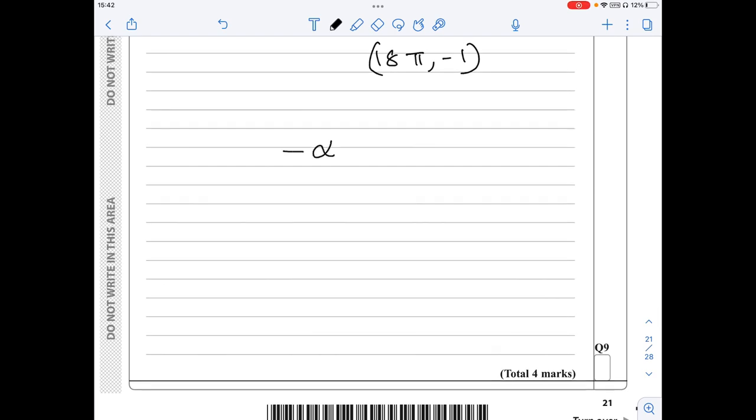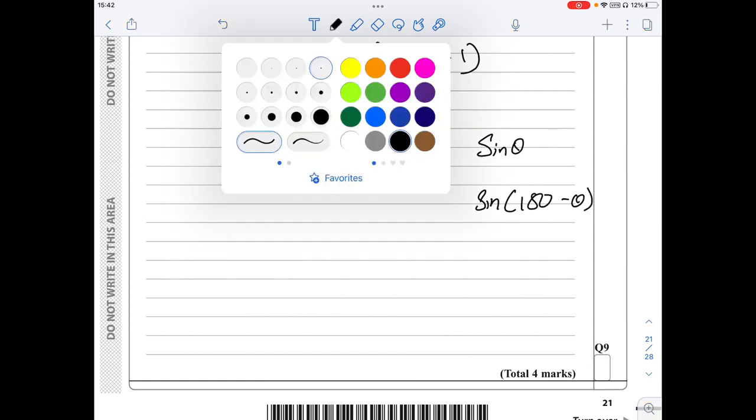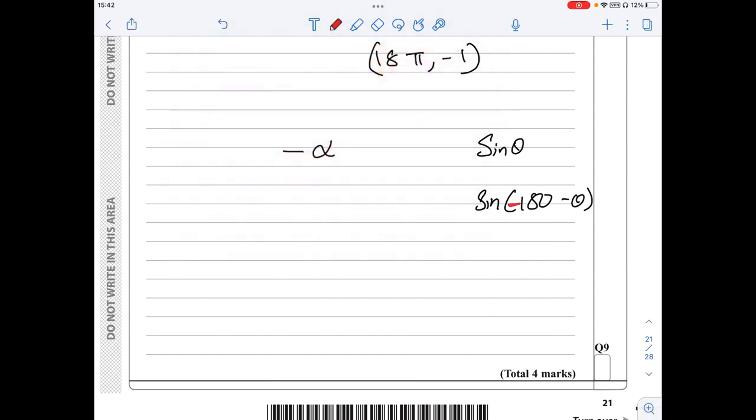Now for sine, we know that sin θ and sin(180 - θ) are the same, but as I am looking for negative, so minus sine 180, and moreover I am looking for sin(θ/12), so I have to multiply this by 12, so it is 12π. So minus 12π is going to be the smallest one, so it gives you the same answer as that of sin(x/12) but in the negative way.